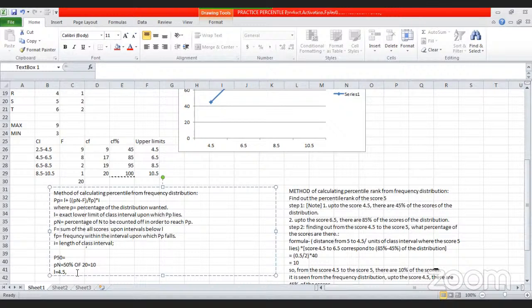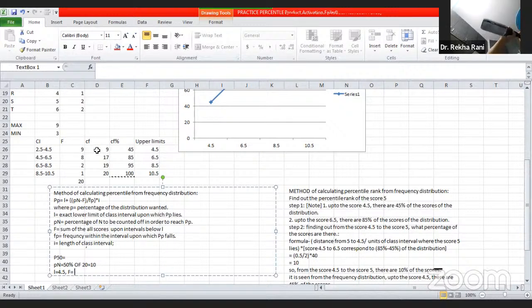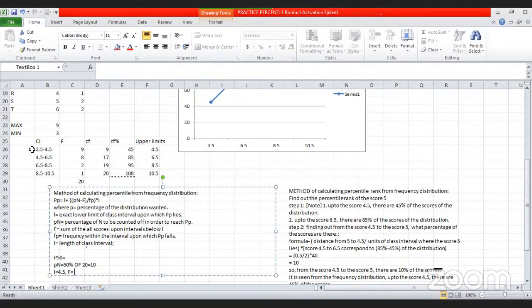Now we need to know the capital F. What is the capital F? Capital F is the sum of all scores upon intervals below L. That means below 4.5, the sum of all scores is 9 here, isn't it?